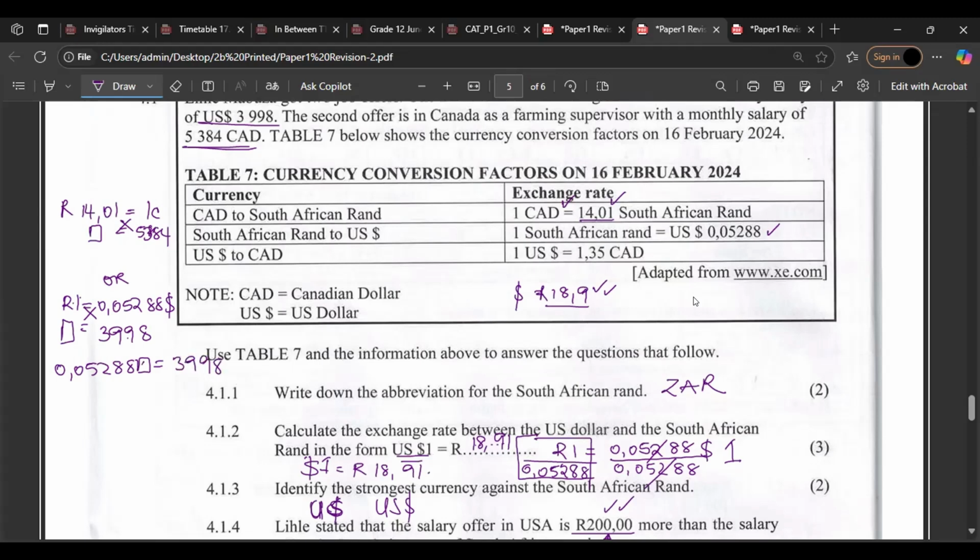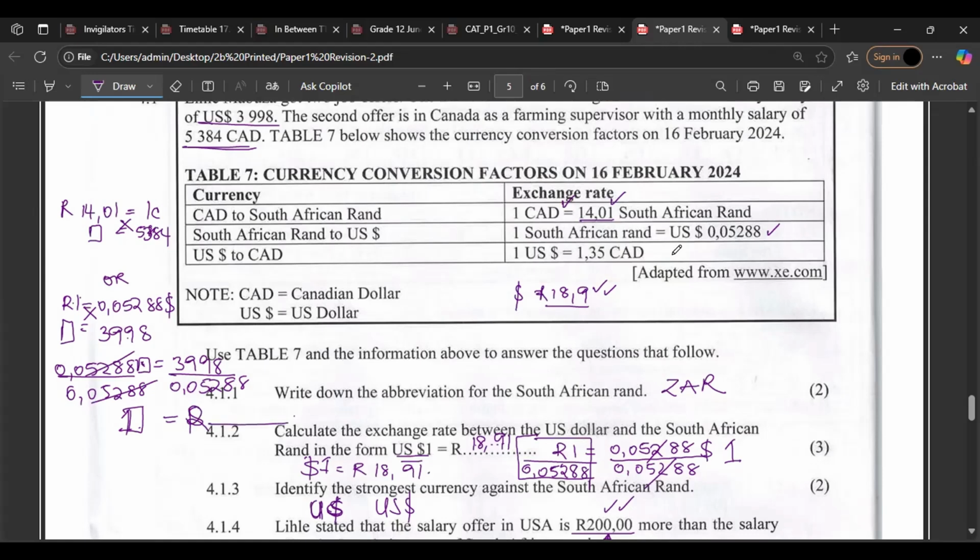Because I'm looking for this missing number, I divide through by the same number on both sides. This goes with that. Then here I remain with my box. And I get my answer here. The answer will be in Rands.